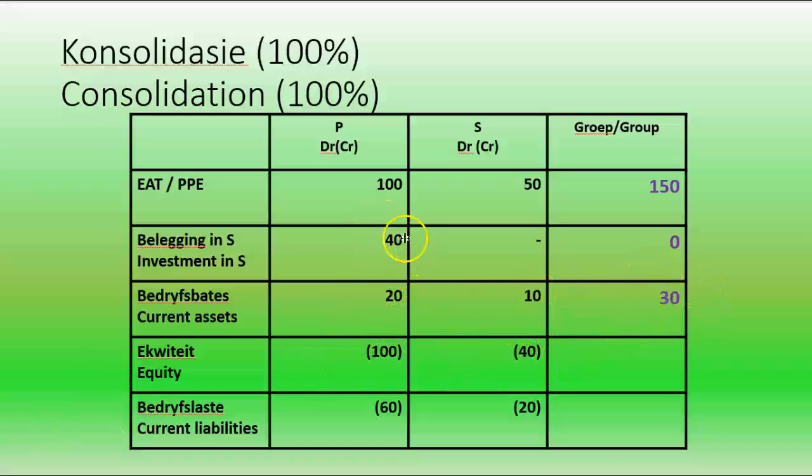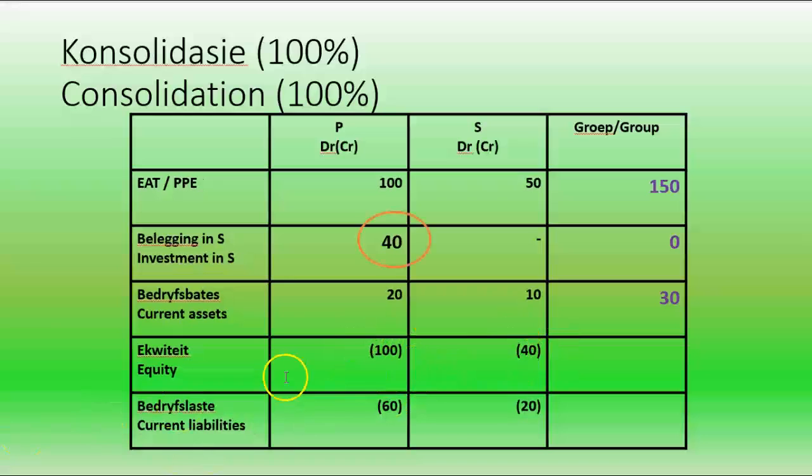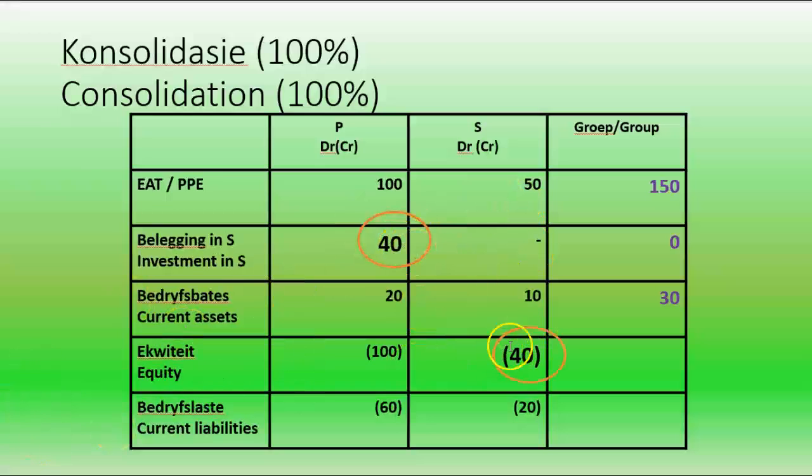Equity, I must remember I have to eliminate the common items. So I will always end up, as the equity figure, with only the figure associated with P. There's the 40 that I'm going to take out, and there's another 40 that I'm going to take out. So what am I going to show at the end of the day? Only the 100,000 equity of P.